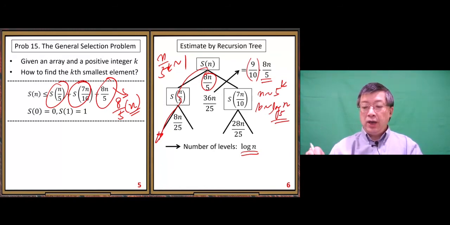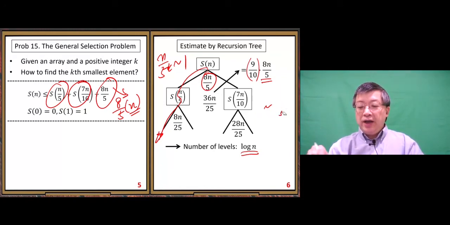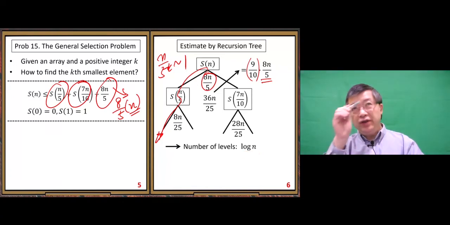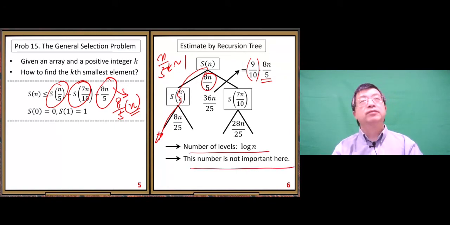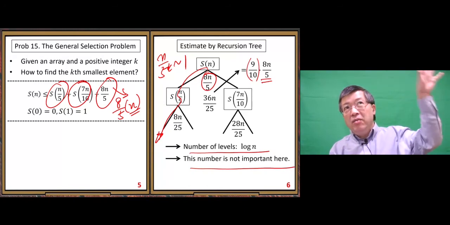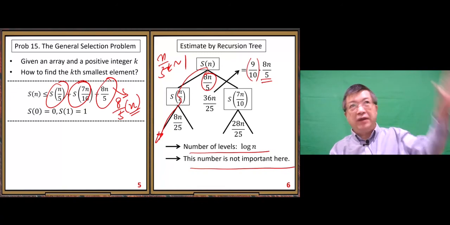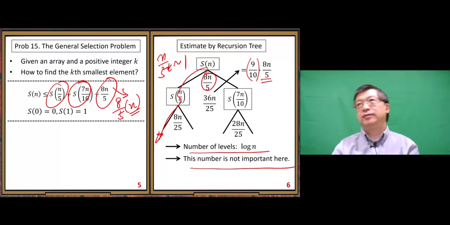And here, another interesting thing is, this number of levels is not important anymore for this current method. Why? Because there is another much stronger factor that dominates this one.